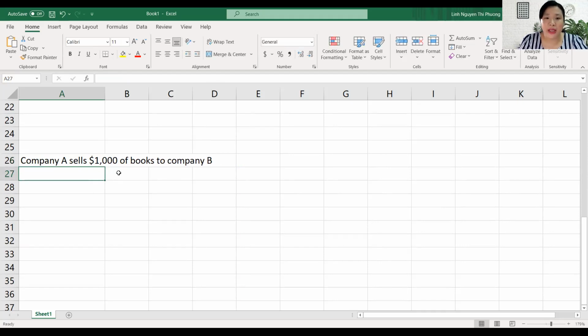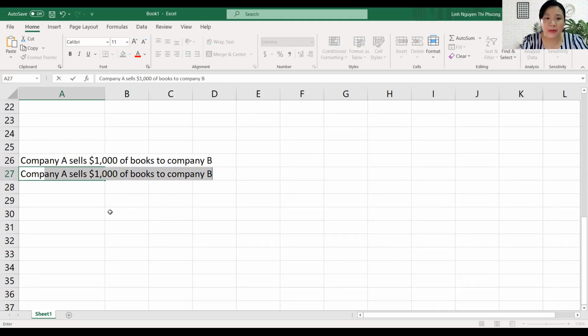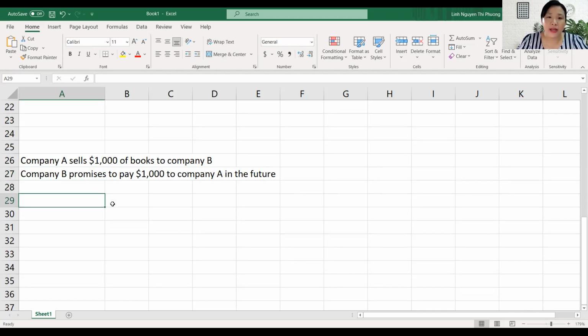Now, company B doesn't have money, but it has a good relationship with company A. So company B promised to pay $1,000 to company A in the future, okay? All right.